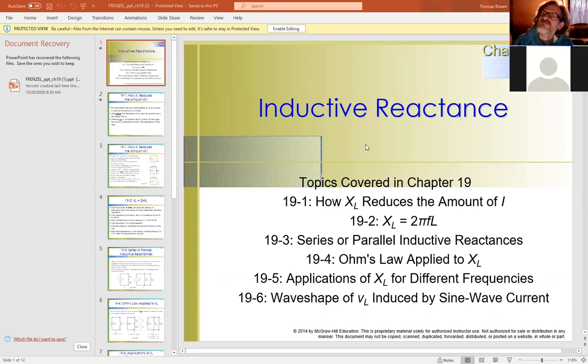This chapter is actually a little on the short side. It's more of an introduction to inductors. As you can see by the topics that we cover here, we're going to look at something called X of L, which would be the inductive reactance.